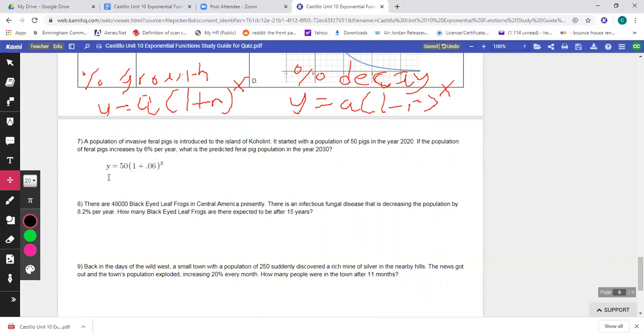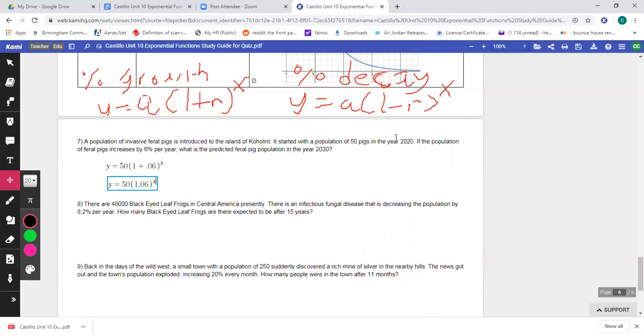And then it's going to turn out to be Y is equal to 50 times 1.06 to the X. And then that's your equation. Now you want to know what's the population in the year 2030.